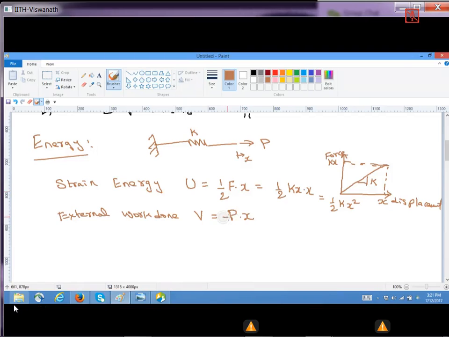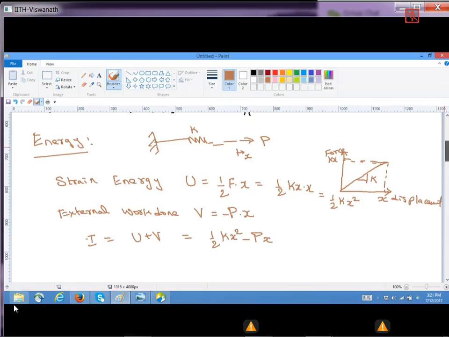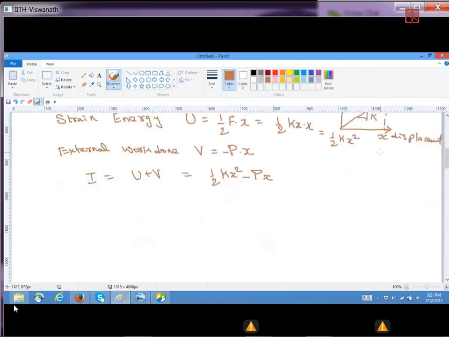So your total potential energy is nothing but U plus V, that is equal to 1/2 k x squared minus Px. So this is our total potential energy. The system has this amount of potential energy.